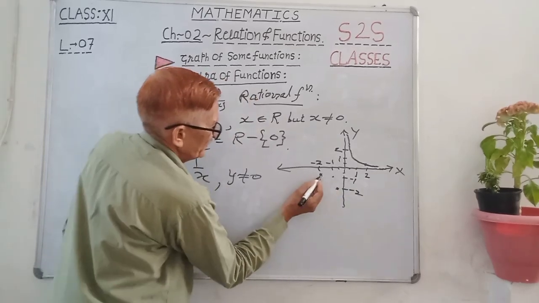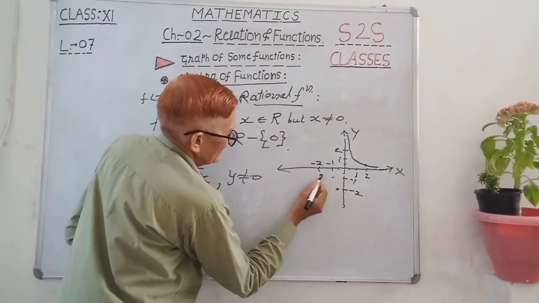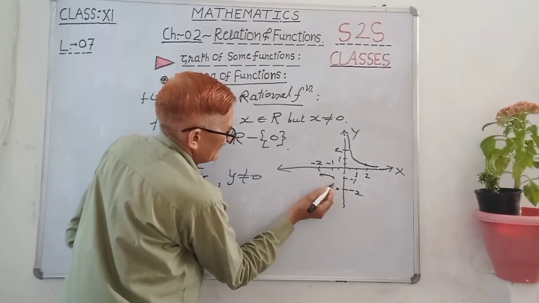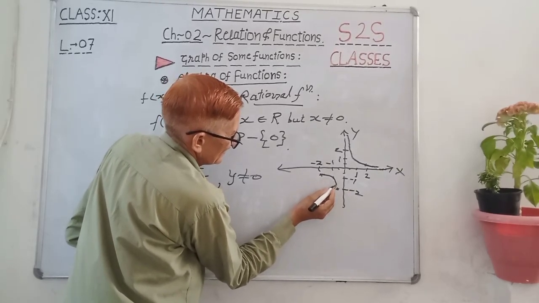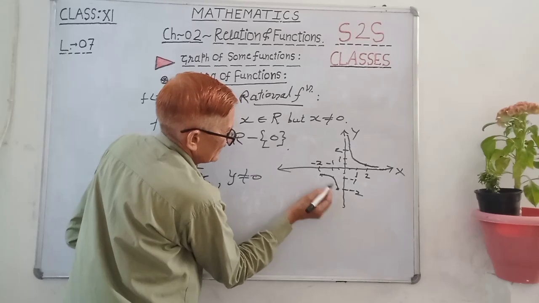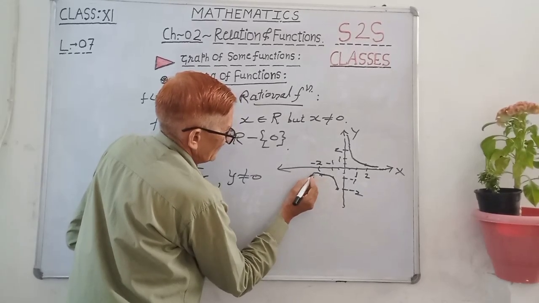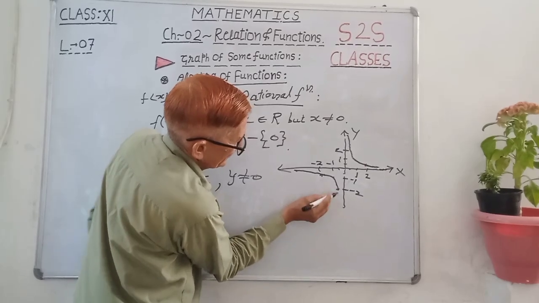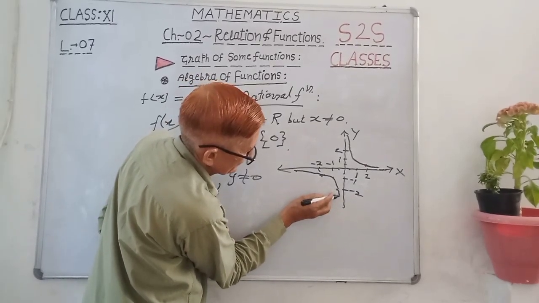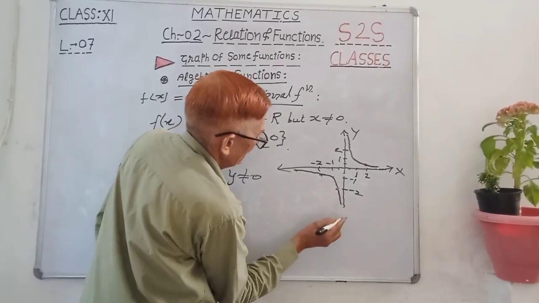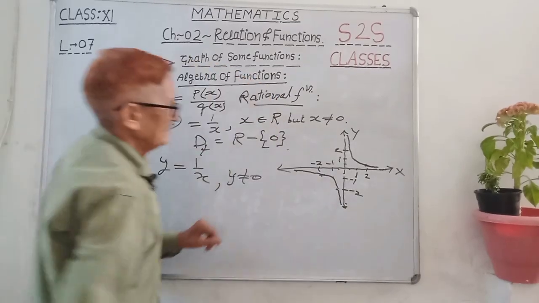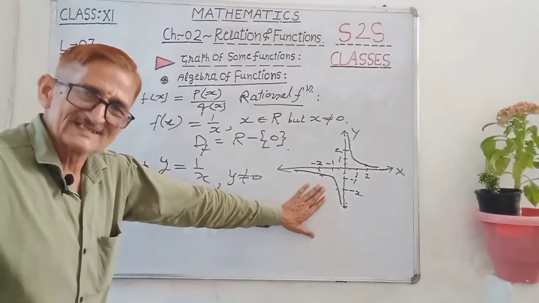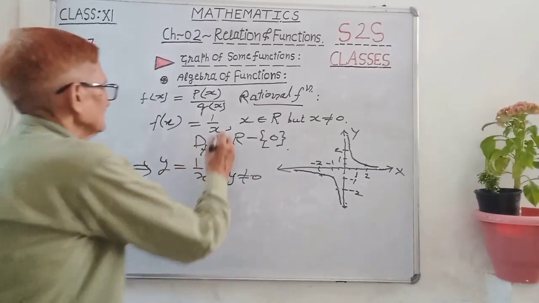So like this, it will go near and near here also, and it will also go near and near. Okay, so this is the graph of the rational function 1 upon x.